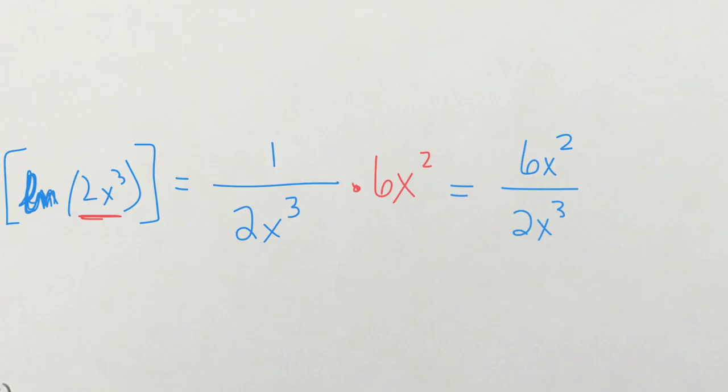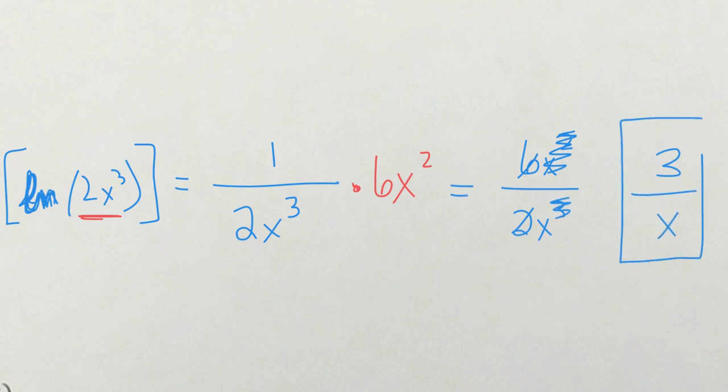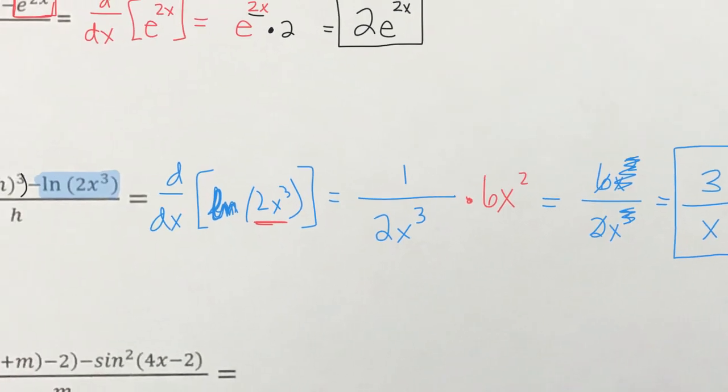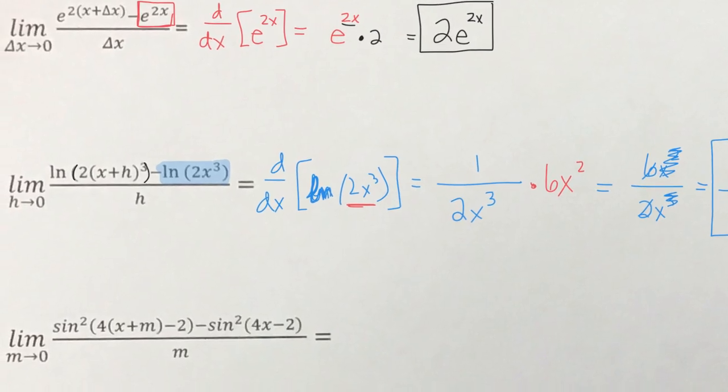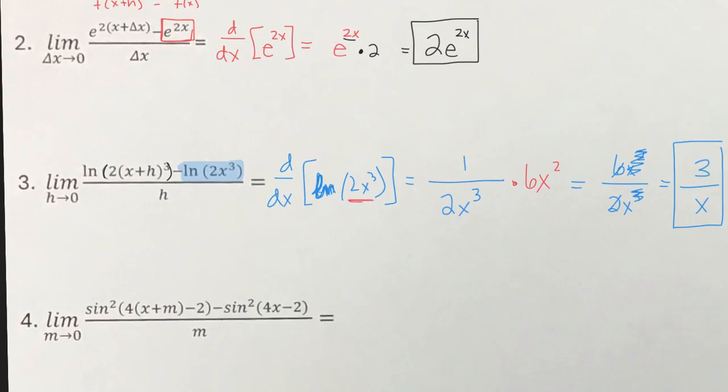Okay, 6 divided by 2, that's just going to be 3 in the numerator, because 6 is bigger than 2, so the bigger number stays on top. And we have x squared in the numerator and x cubed in the denominator. So I can take away 2 of them, so my final answer is 3 over x. Right? It's a pretty nice, cute, simple derivative for this really complicated looking initial starting problem.